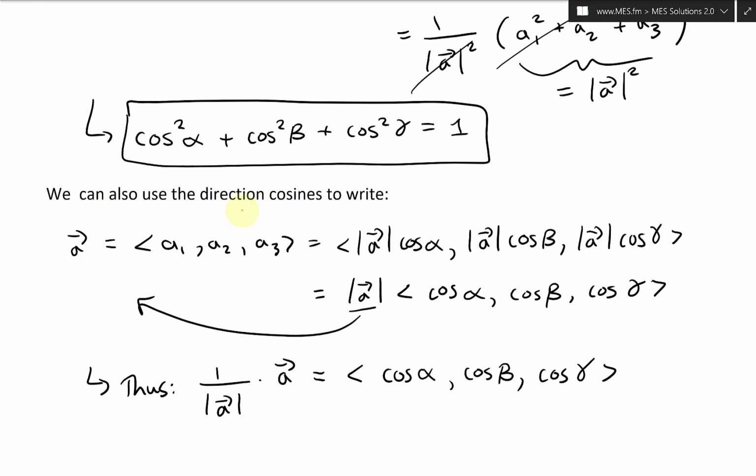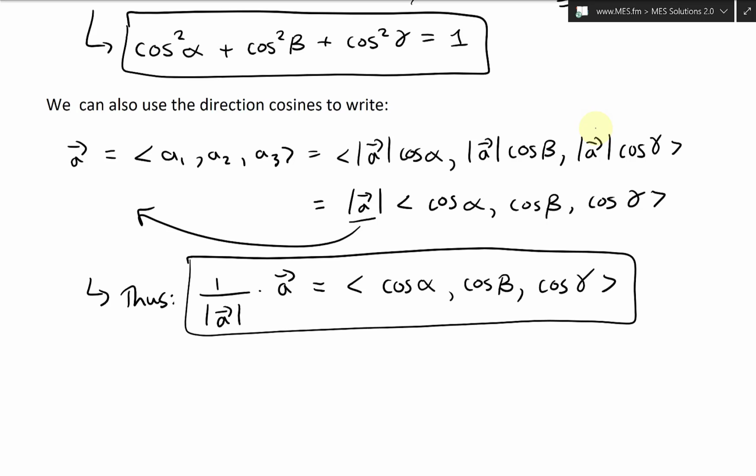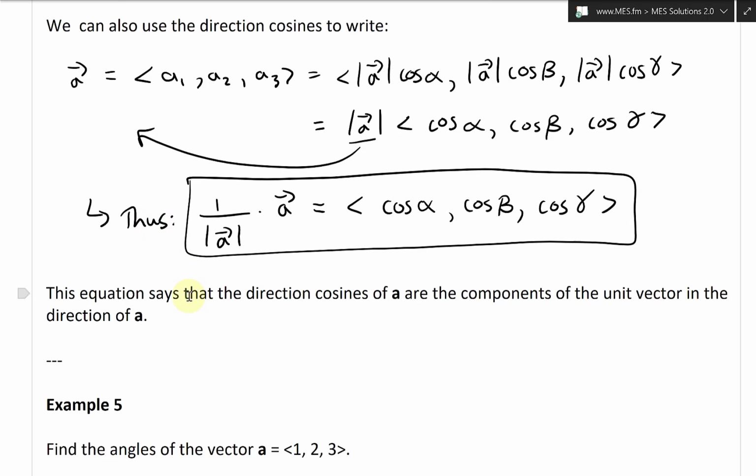Now let's just box this whole thing in. Fascinating stuff. What this equation says is that the direction cosines of A are the components of the unit vector in the direction of A.